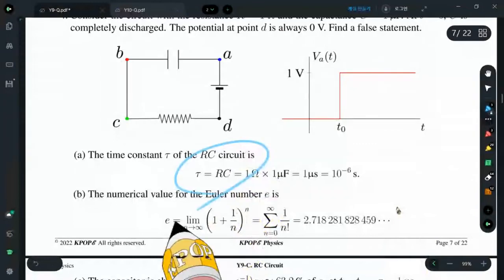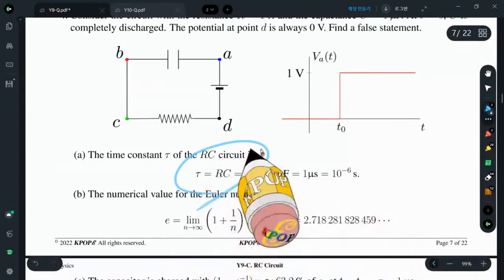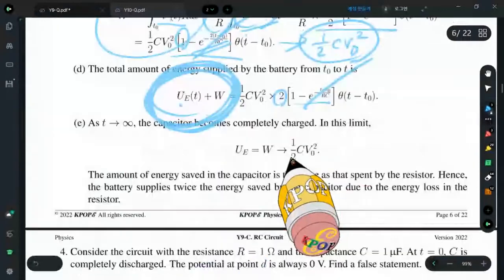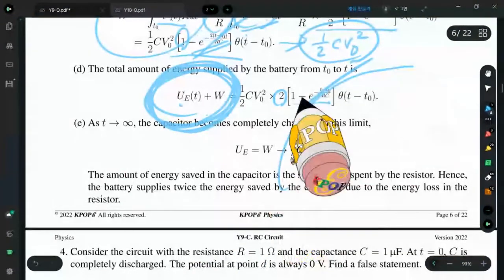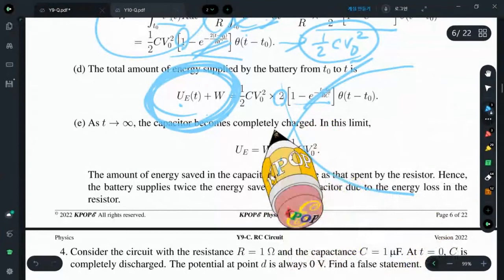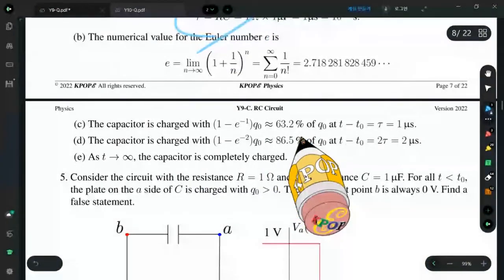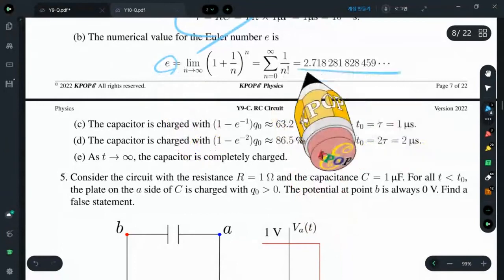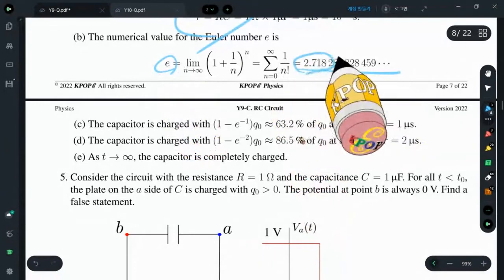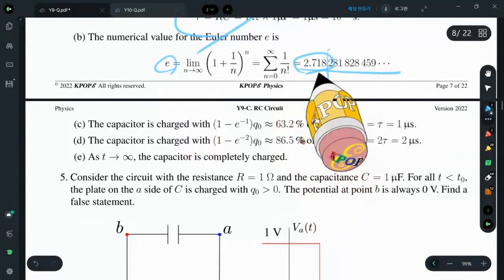You need to know how to evaluate the time constant of an RC circuit, and this determines how fast it grows up or decays, right? And there are various numbers useful to remember, at least 4 digits.